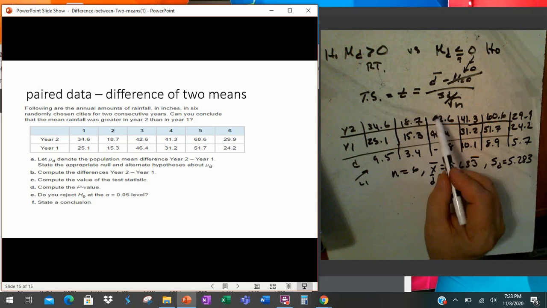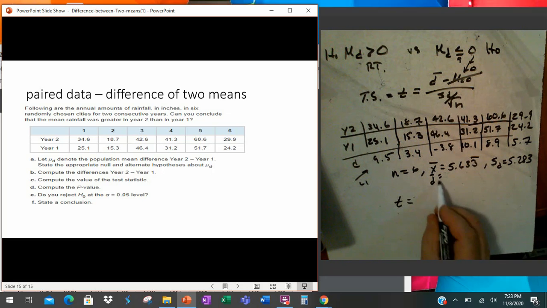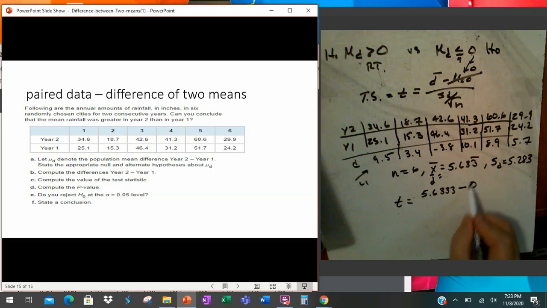But now I want to go back up here and use this. I've got everything. My T would be my D bar, 5.6333 minus 0, so that's just going to be this guy, over S sub D, 5.283, parentheses, the square root of 6.